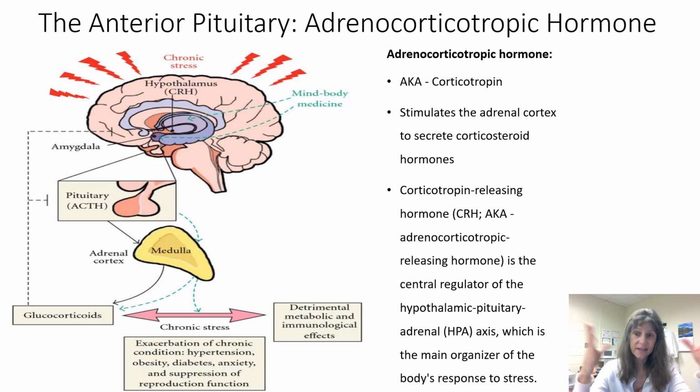So just that anterior portion: we start with hypothalamus, release, inhibit. The pituitary gland is going to make the tropic hormones, or non-tropic ones with growth hormone and prolactin. The tropic hormones are going to turn on another gland. So in this case, turning on the adrenal cortex, and that's going to produce and release glucocorticoids from that portion of that gland.